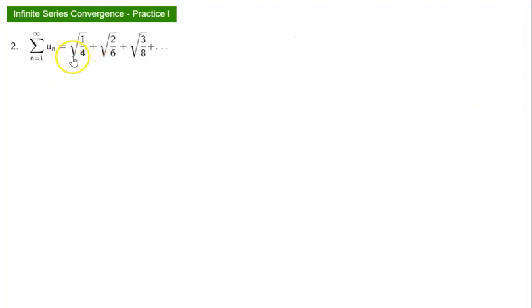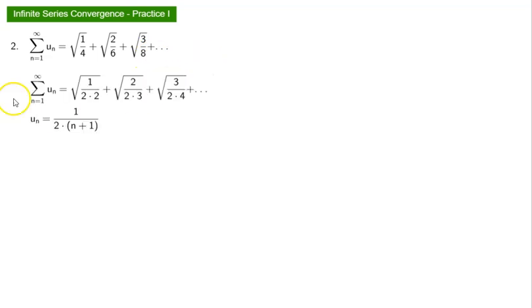Second one, the series is square root of 1 by 4 plus square root of 2 by 6 plus square root of 3 by 8 and so on. Now here we can rewrite this series as square root of 1 by 2 times 2 plus square root of 2 by 2 times 3 plus square root of 3 by 2 times 4 and so on.